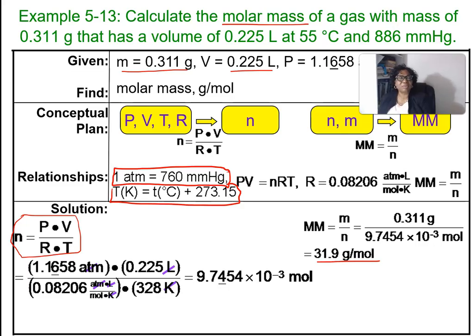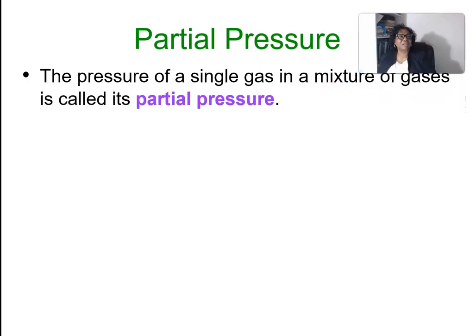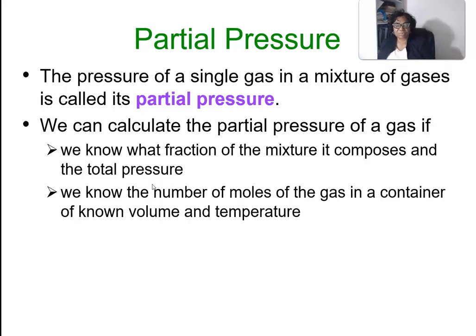We want to talk a little bit about the partial pressure of gases. The pressure of a single gas in a mixture of gases is called the partial pressure. We can calculate the partial pressure of a gas if we know what fraction of the mixture it composes and if we know the total pressure.